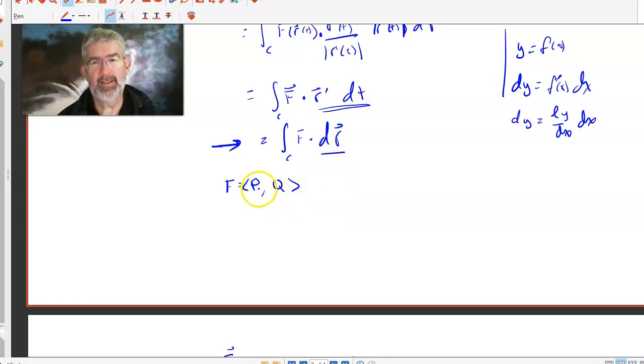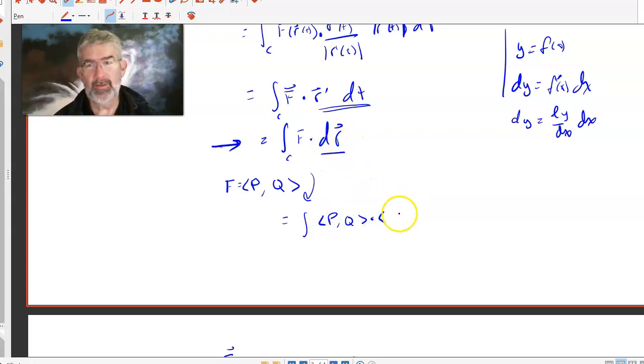Then this integral is the dot product of PQ with dr, which is dx dt, dy dt, dt.